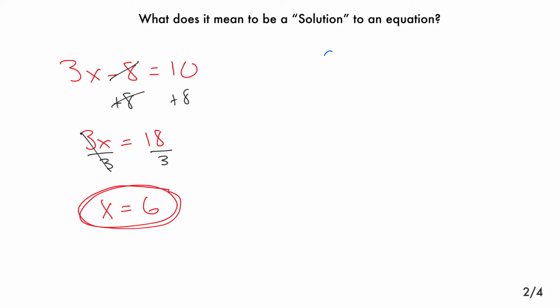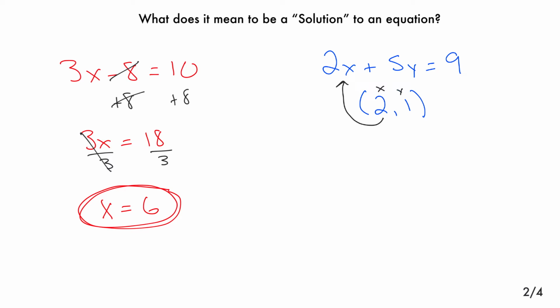But solutions for problems when there are multiple variables is different. If you have an equation like 2x plus 5y equals 9, now we have two variables, x and y. A solution looks different. A solution would be a coordinate like 2, 1. And the way that we would prove that that coordinate is a solution, aka it's on the line if you graphed it, is you take the x value of 2 and substitute into the equation.